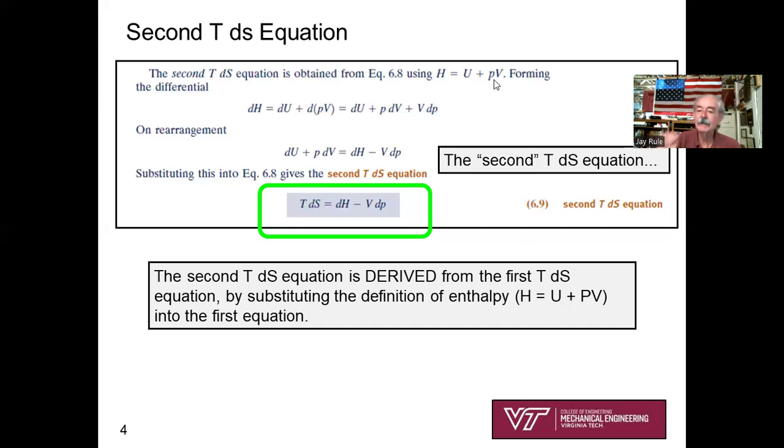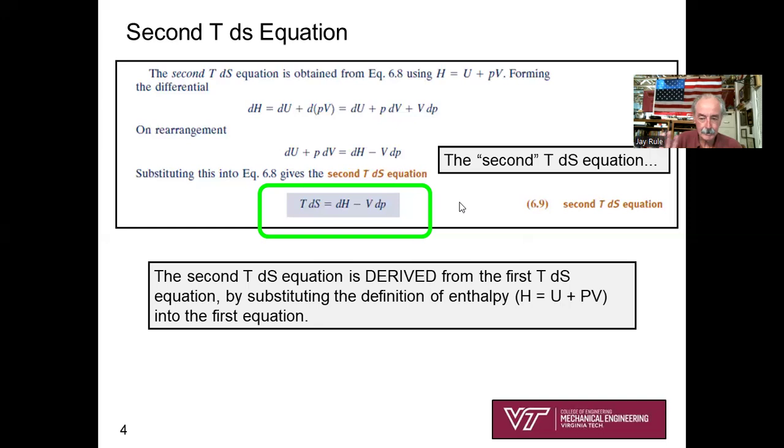Anyway, the second TdS equation can be derived by taking the first TdS equation and substituting in the definition of enthalpy, and you get the second one: T dS equals dH minus V dP. So this is a second differential equation.